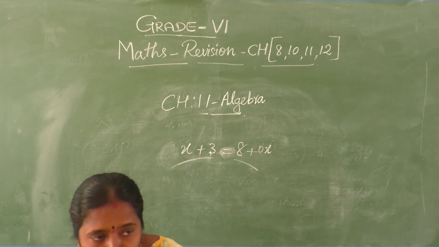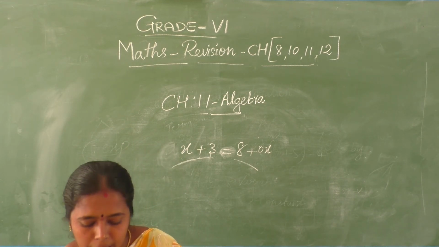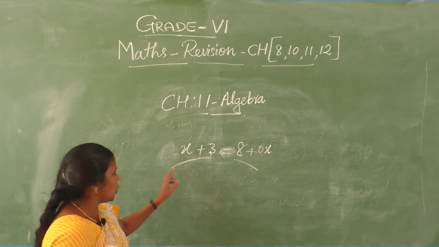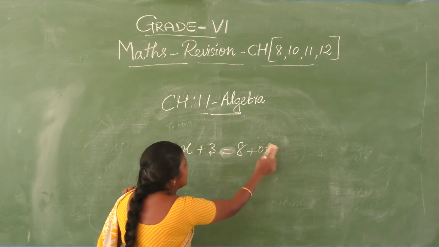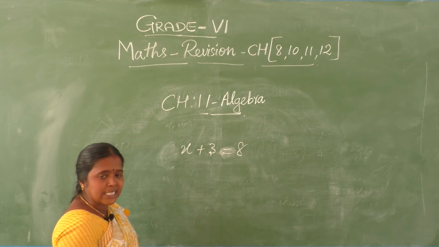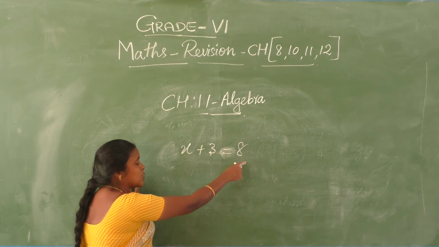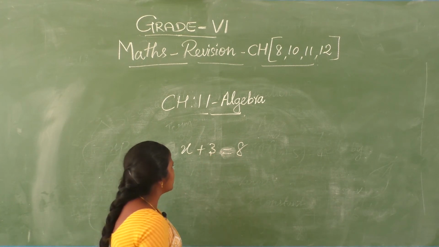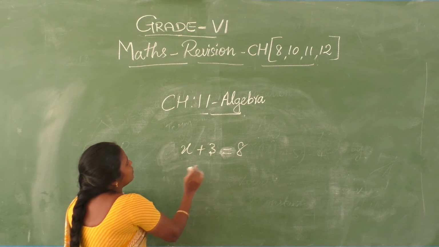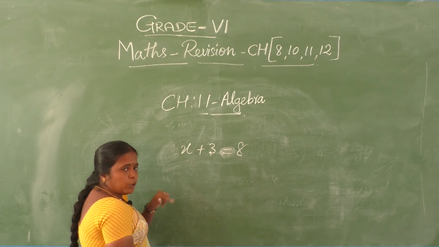At that time only you can say both are equivalent. Clear? So an equation is nothing but a statement containing two expressions on both sides having an equal sign in the middle. Clear children?